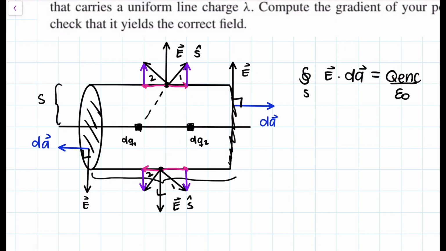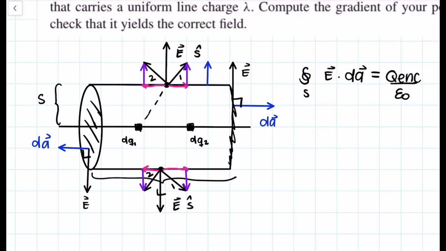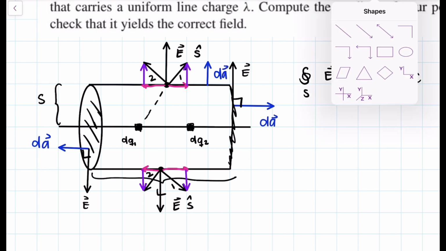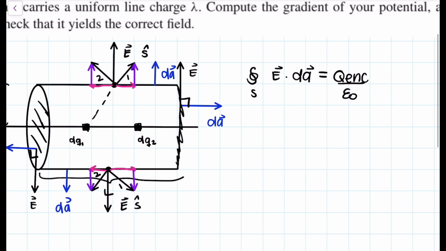And the infinitesimal surface patch will be pointing outward as well, dA. So since they're parallel, we can get rid of the dot product and change this integral.